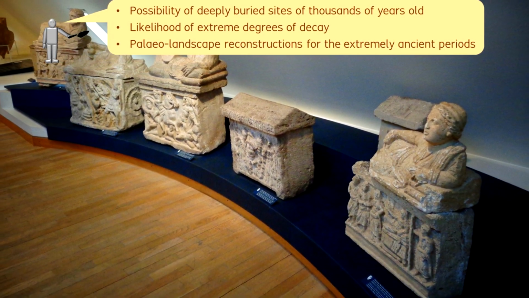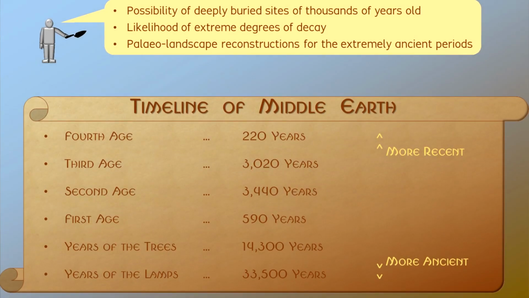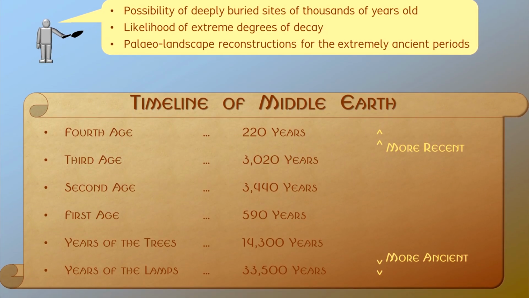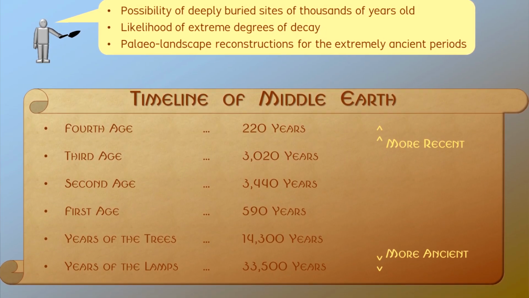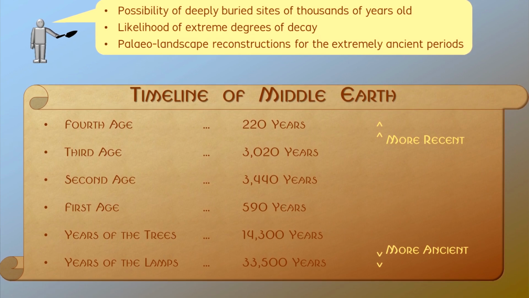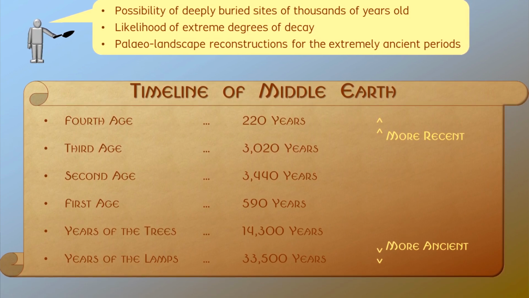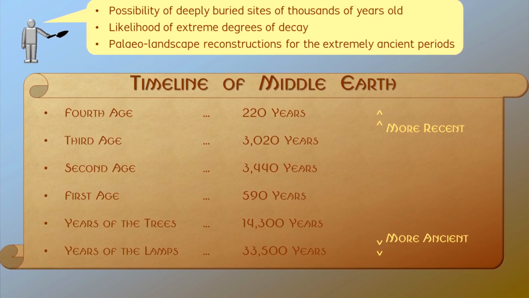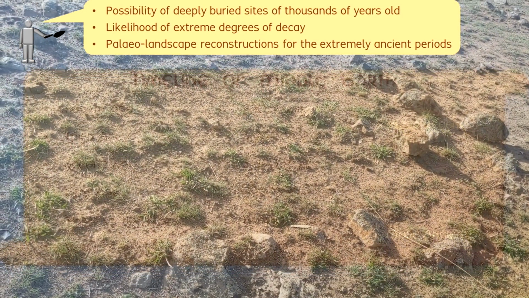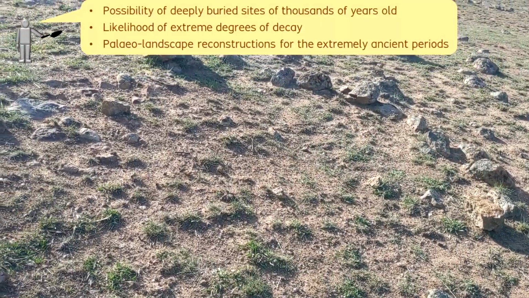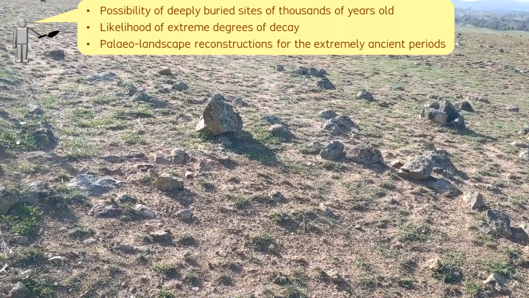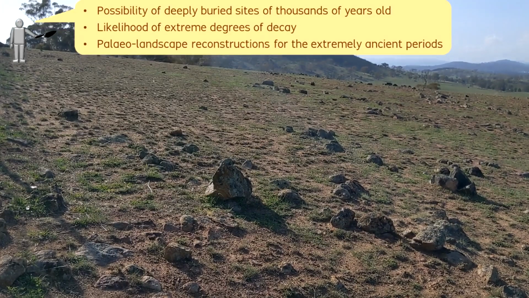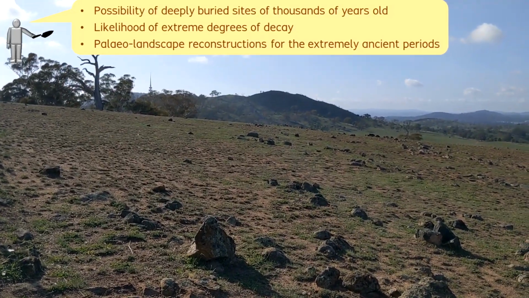Another problem for archaeology in Middle-earth involves how to study the most ancient periods prior to Tolkien's First Age. The years of the lamps and the years of the trees referred to different configurations of ancient landforms. Studies of those older periods would require an approach of paleolandscape research combined with archaeology.